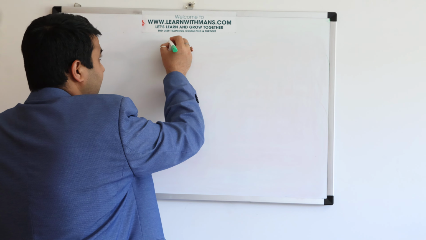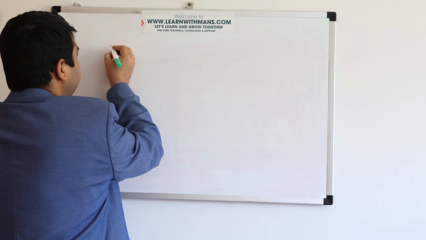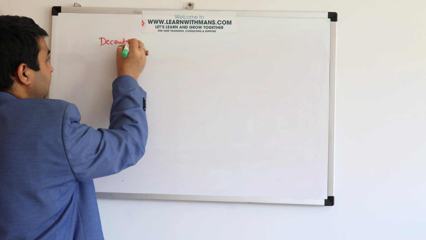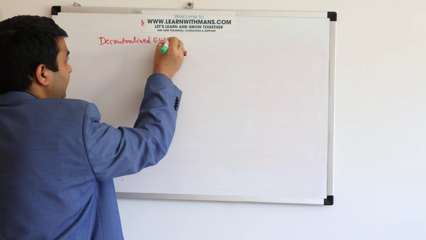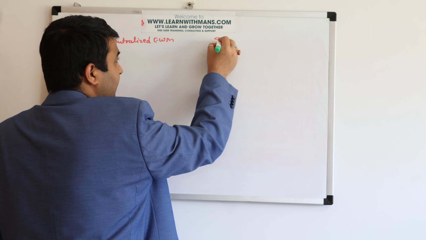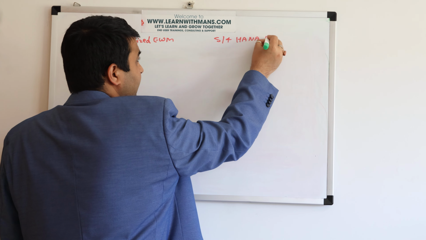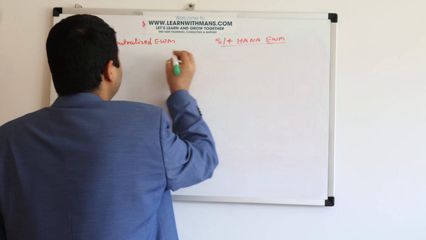Let's take an example, and I will show you the two differences. If you are working with decentralized EWM and S4 HANA EWM, where EWM means Extended Warehouse Management.